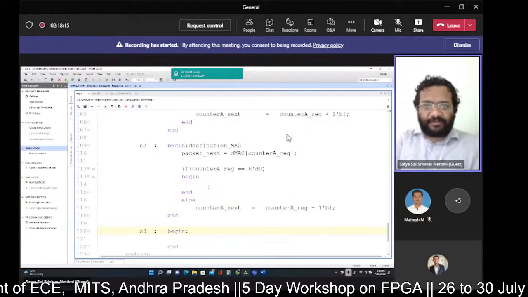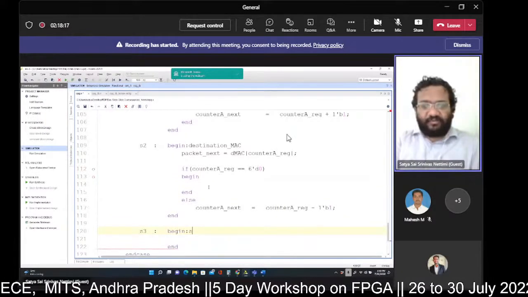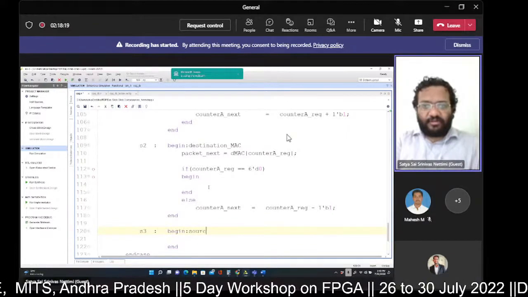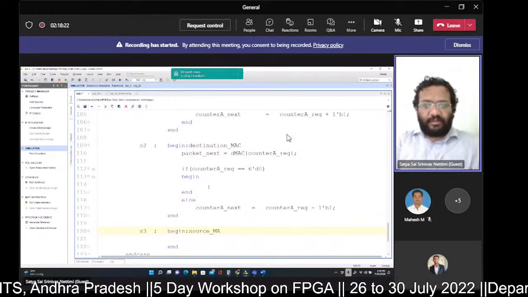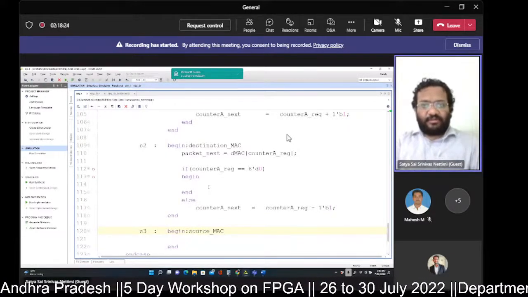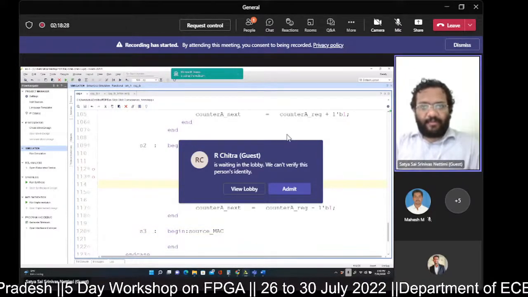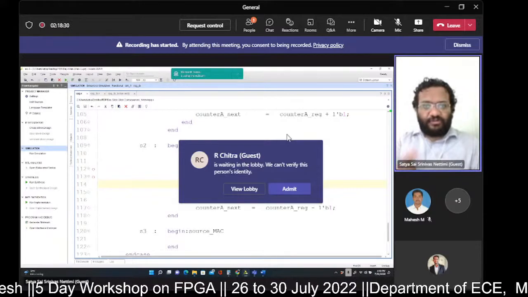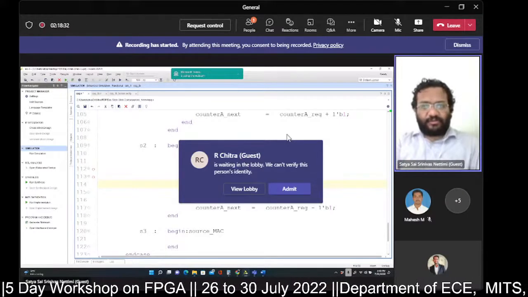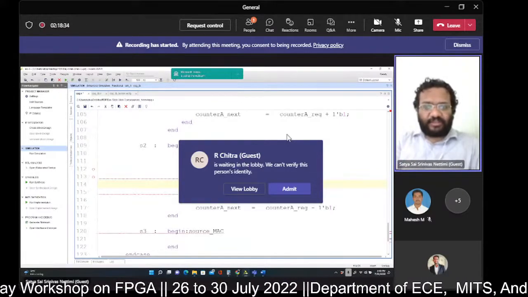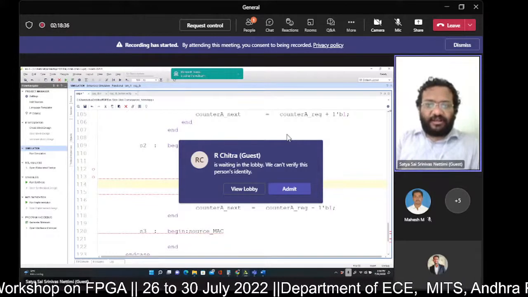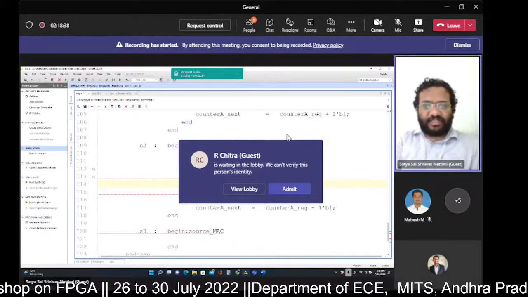What is the significance of the S3 state? The S3 state is for the source MAC address. So from S2 to S3 it has to jump. So in state underscore next, we need to update the state register in order to make a successful state transition.